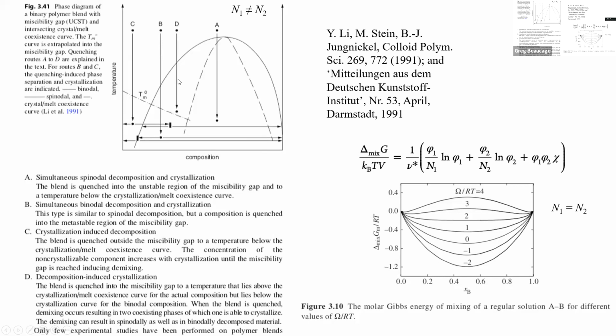And if you plot that out, you get these U-shaped free energy of mixing curves for the miscible region. And if you get into this immiscible region, you get a double hump, and the double humps give you the binodal points in the two-phase region.